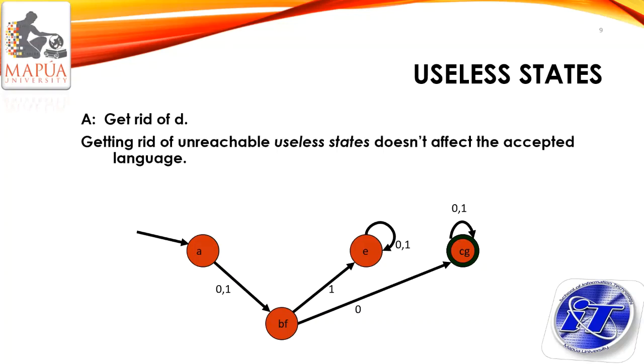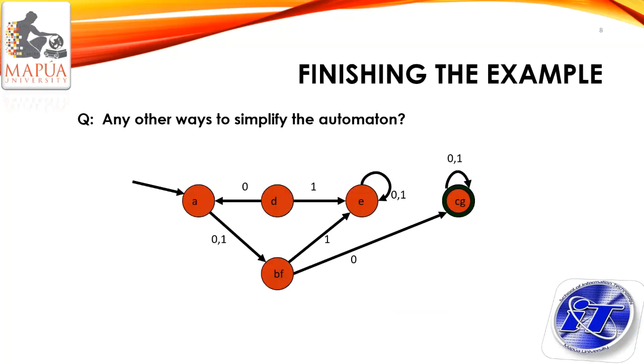So earlier on the previous slide, we had D here. Okay, so why did we remove D? Let's go back to the previous slide. As you can see here, no state can reach D. Am I right?